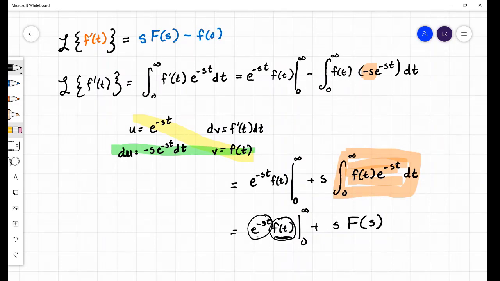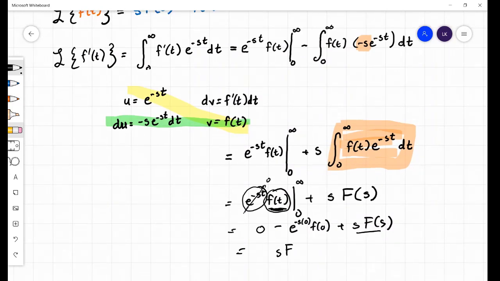So this exponential wins out at infinity, and that goes to 0. We get 0 at the upper bound, and then minus the result at the lower bound, when t is 0. And there we go: s times the Laplace transform of f of t minus f at 0, the initial condition.